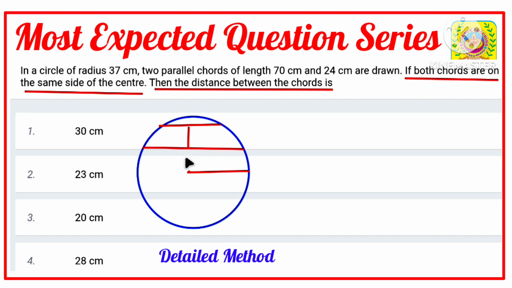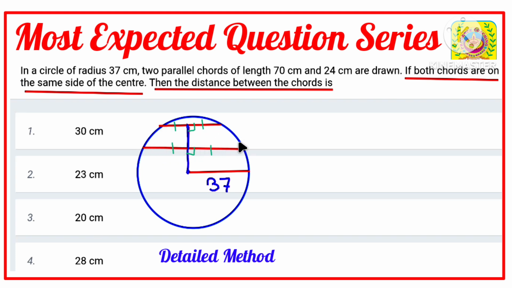And my dear students, as you all know that I never share only the shortcut, I also clear the concept behind the shortcut. So let us start with that. So here this radius is given to be 37 centimeter. Now we know from the center, if we draw perpendicular on the chords, then this perpendicular will bisect the chord into two equal parts.